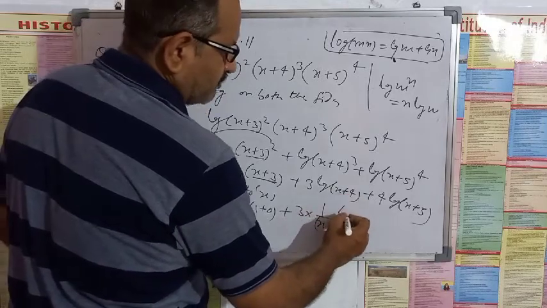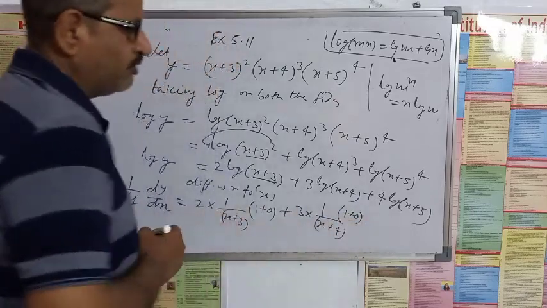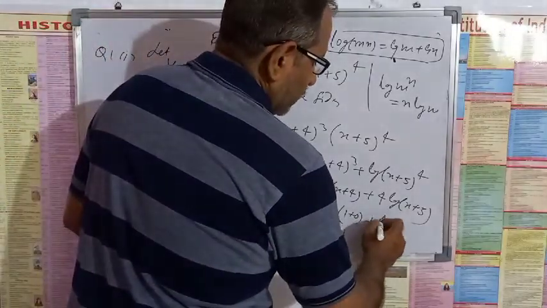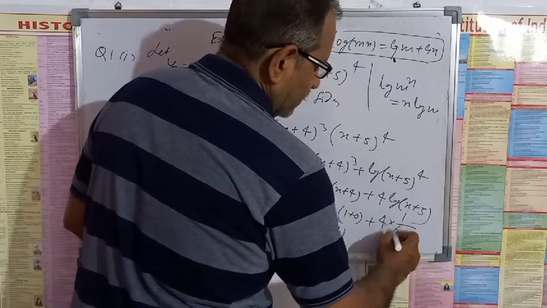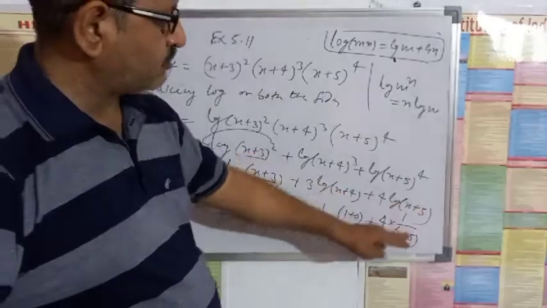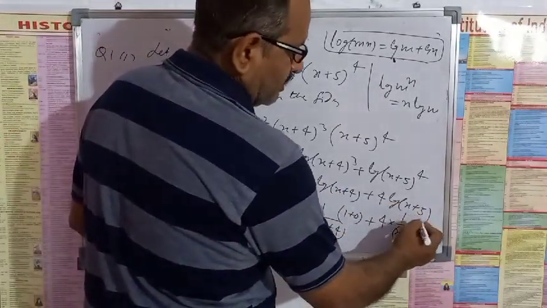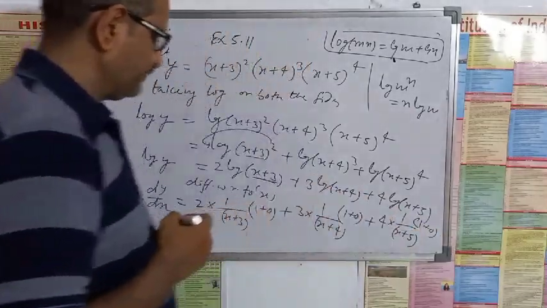Now differentiate x plus 4: x derivative is 1 and 4 derivative is 0. Plus 4 into 1 upon x plus 5. Now differentiate x plus 5: x derivative is 1, 5 is constant, so 0.